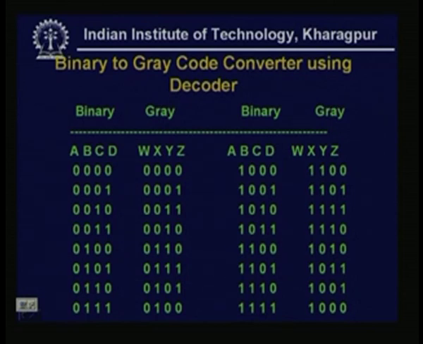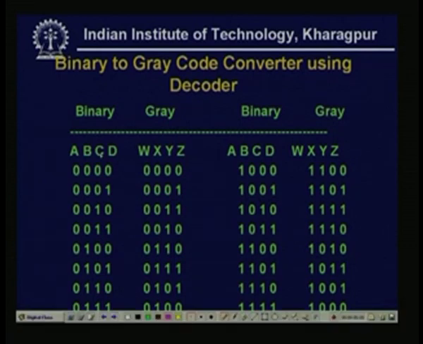So, just see here, I want a design, say this is a black box whose inputs are A, B, C, D, and outputs will be W, X, Y, Z. As there are 4 inputs, I am giving 0 0 0 0 to 1 1 1 1, that is 16 such combinations.